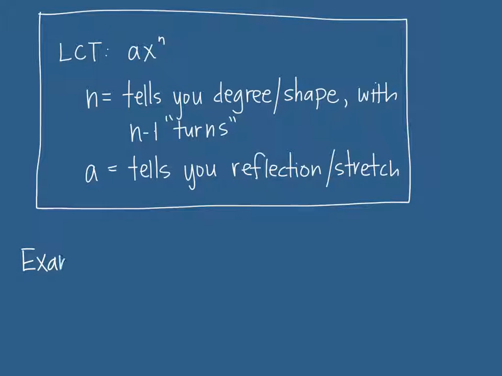So here's the kind of thing that you might be asked about. y equals negative 2x to the 7th plus 4x cubed minus 1.